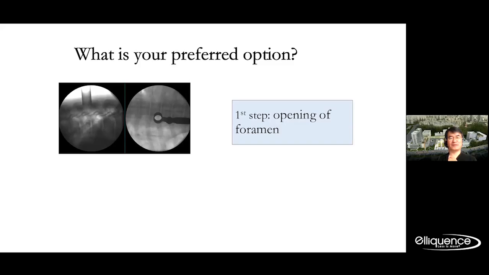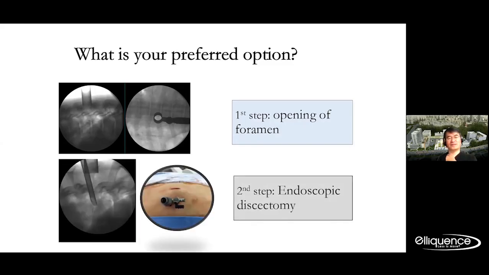So the first step I have done is opening the foramen using tubular surgery. All right. This surgery was done maybe in 2014, 2015. Anyway, if this kind of patient visits me again, now I'd like to use the large scope instead of the tubular surgery.